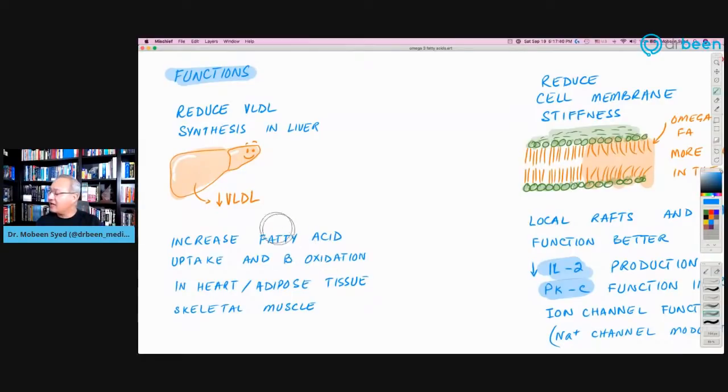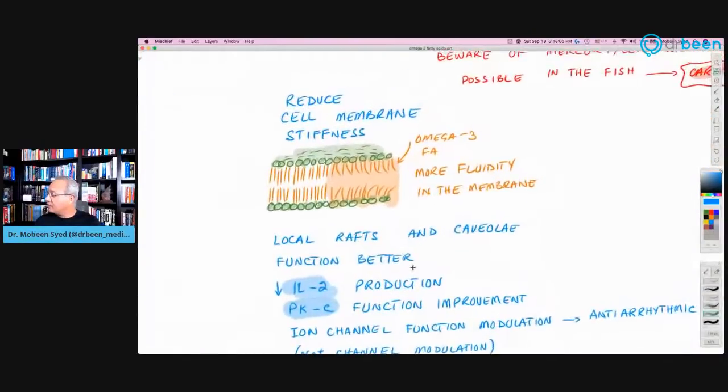So all of that, the risk of that, can be reduced by omega-3s because they are known to reduce VLDLs. They also increase the fatty acid uptake and beta oxidation of lipids, the fatty acids, in heart, adipose tissue, and skeletal muscles. So again, anti-inflammatory effect.